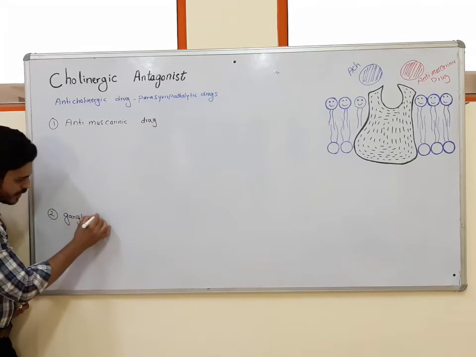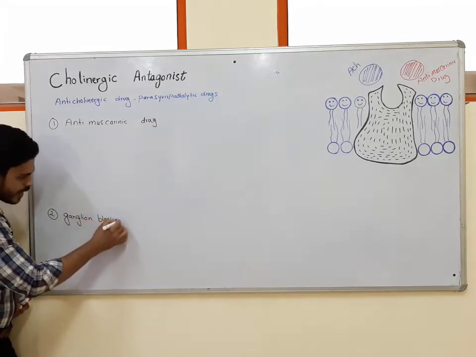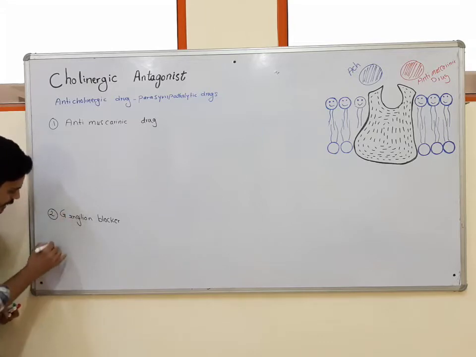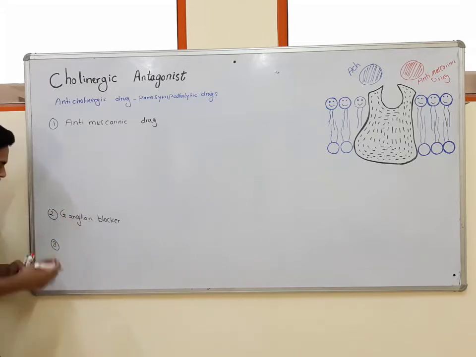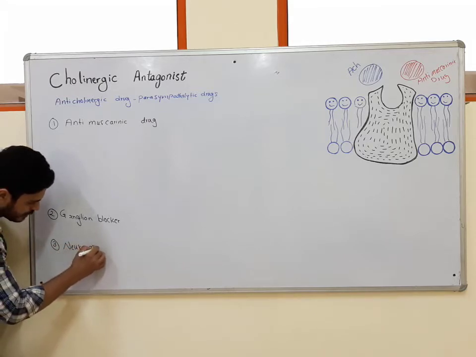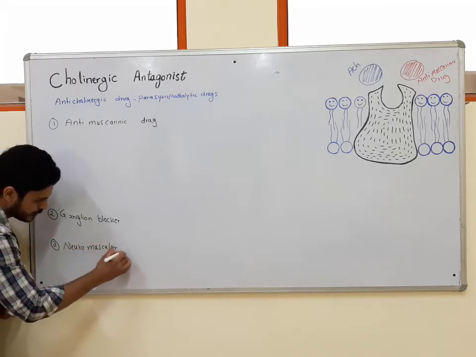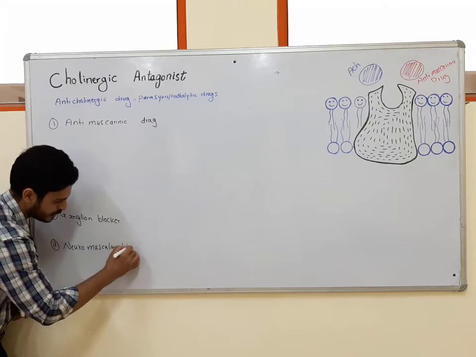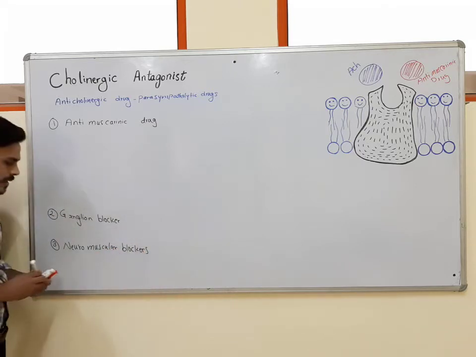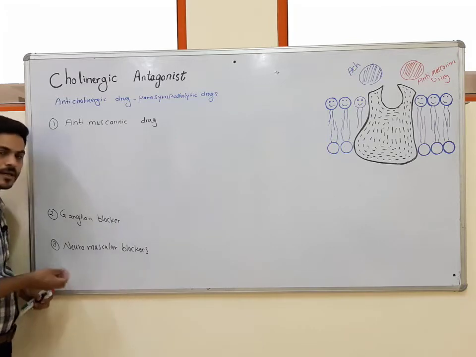They block the nicotinic receptor in the ganglion. And the third group is neuromuscular blockers, and they block the nicotinic receptor in the neuromuscular junction.